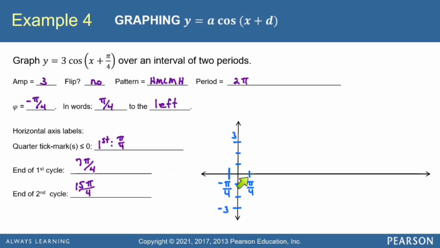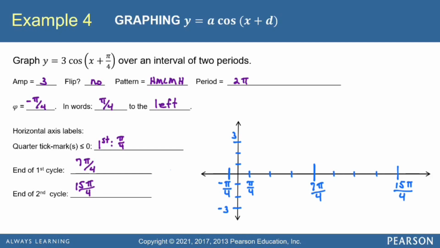And because it's positive, I can just space the others evenly. So notice how far these first 2 are apart. The rest of them should be the same distance apart. So 2, 3, 4, and that's going to be the end of the first period, and so that label will be 7 pi over 4. And then 1, 2, 3, 4, that's going to be the end of the second period, so that label is going to be 15 pi over 4.